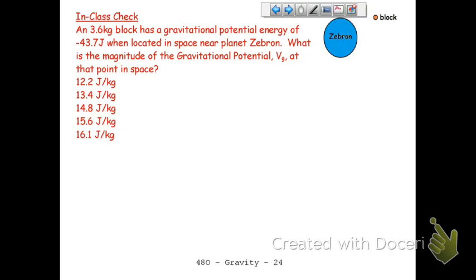My little m is equal to 3.6 kilograms, and my gravitational potential energy, UG, is equal to minus 43.7 joules. What is the magnitude of the gravitational potential? VG equals that.